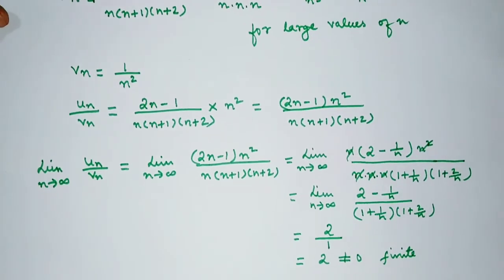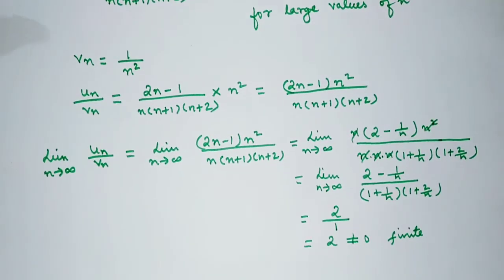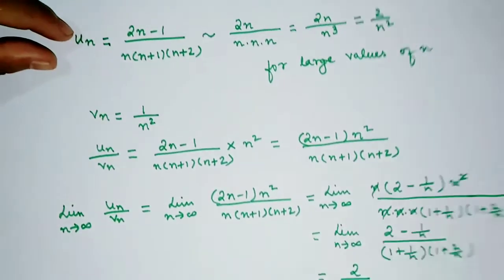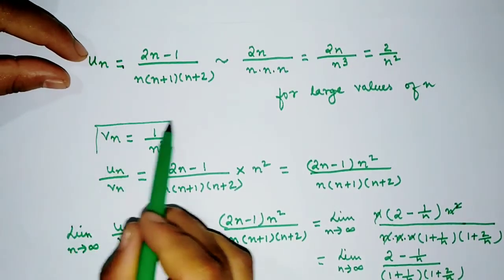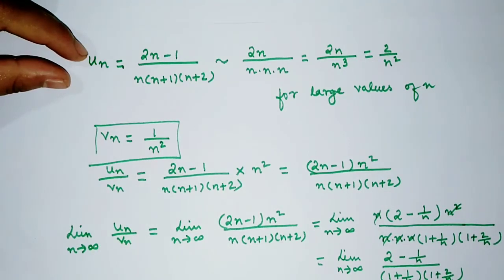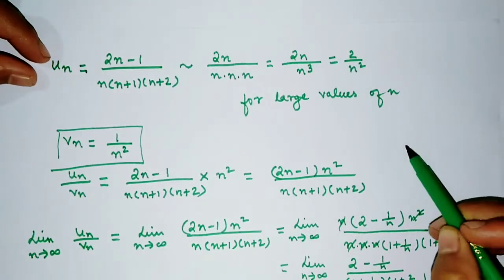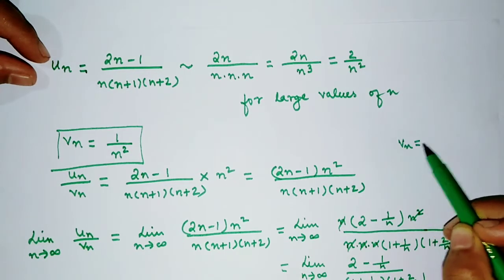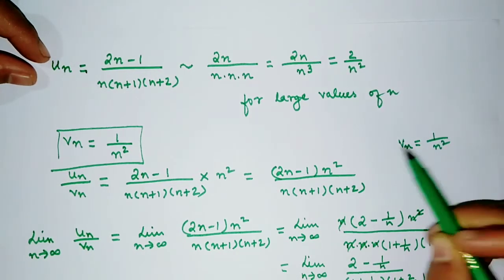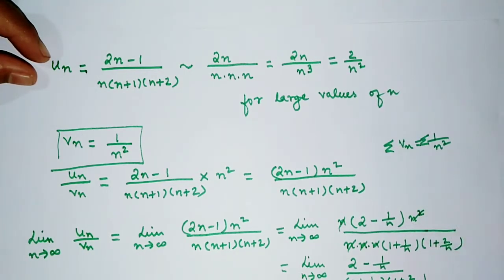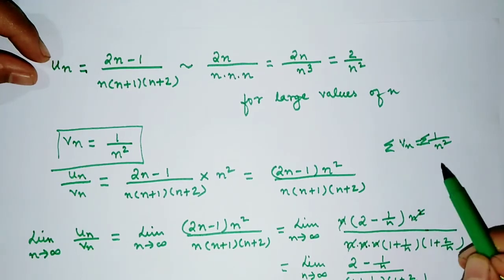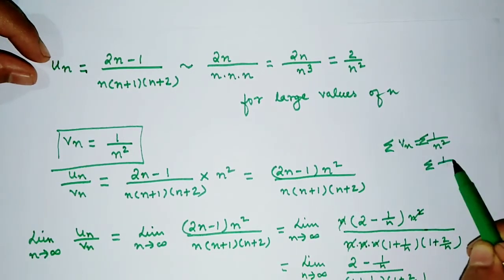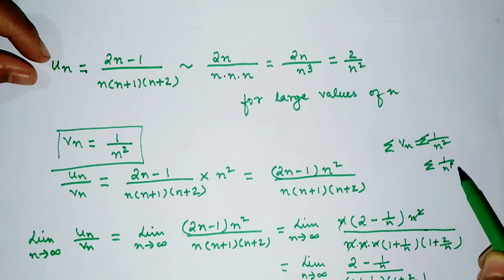So now, according to the comparison test, we know that un will converge if Vn converges. So check Vn. What is Vn? It is this one, right? So Vn is 1 upon n square. Summation Vn, summation 1 upon n square. This one is of the form summation 1 upon n to the power of p, which is a p series.